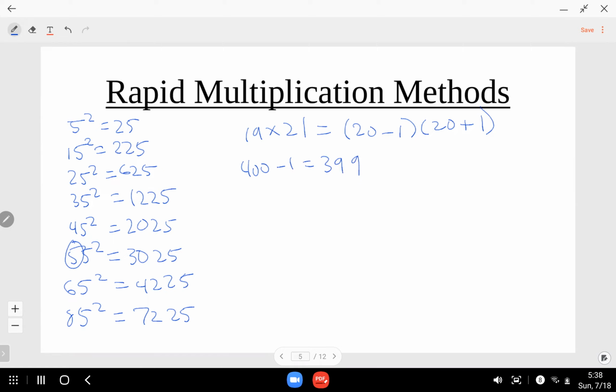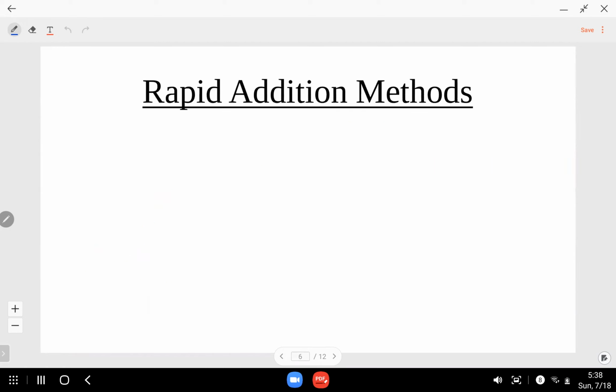So now let's move on to rapid addition skills. 1 plus 2 plus 3 plus 4 plus ... plus 100. What are we going to do now? What does that equal? Okay, how are we going to solve this?